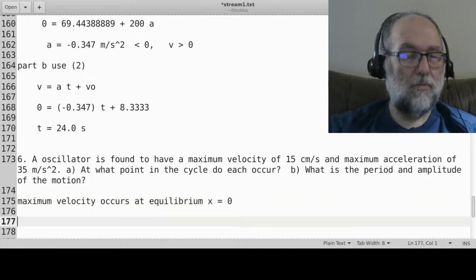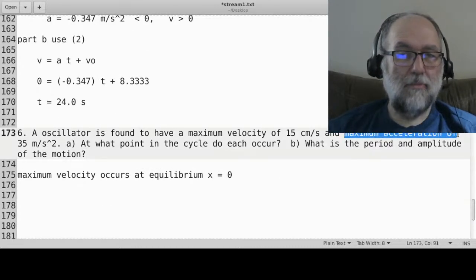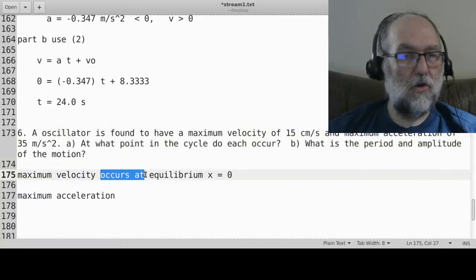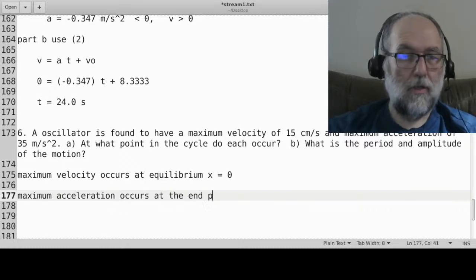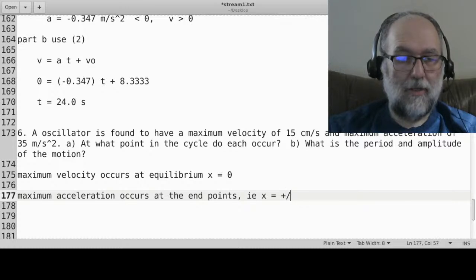Okay, x equals 0 is the equilibrium. It's the center of the oscillator. And the maximum acceleration, where does that occur? The maximum acceleration occurs at the endpoints, i.e. the amplitude. That's x is equal to either positive or negative A.